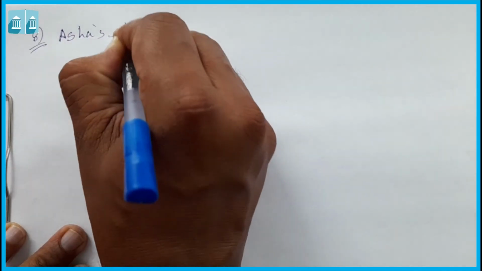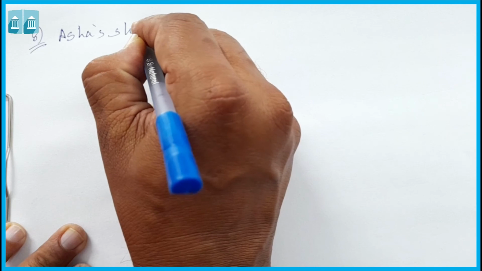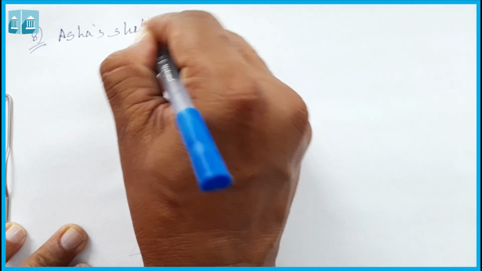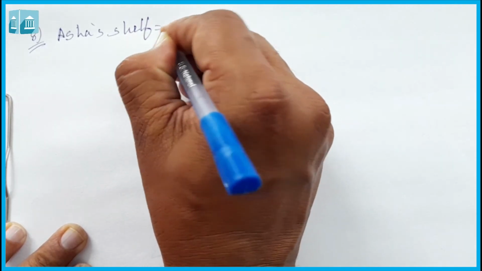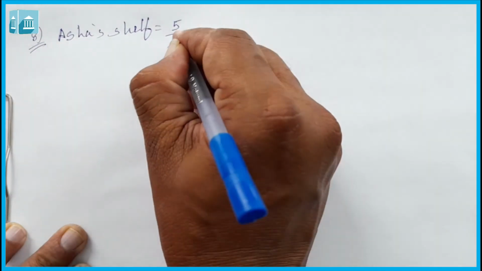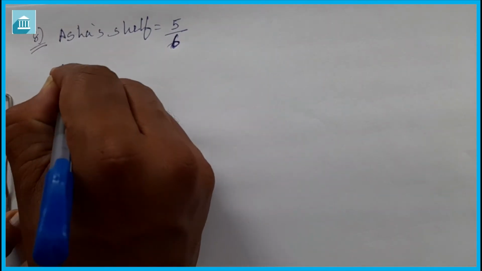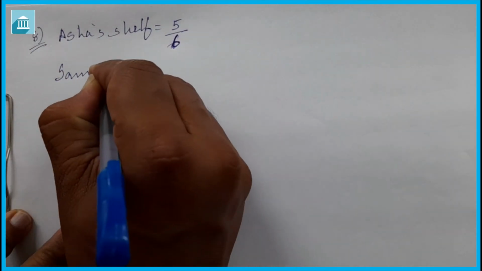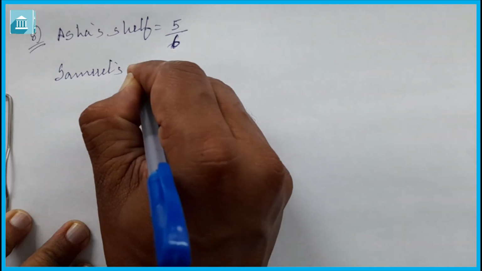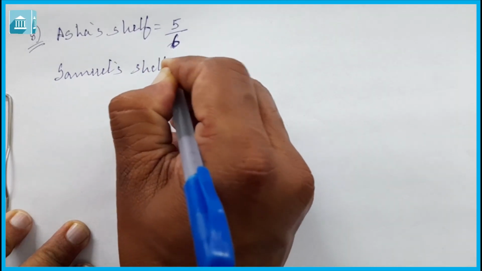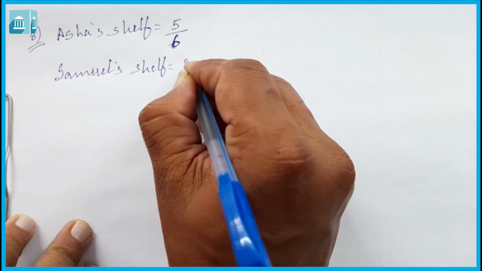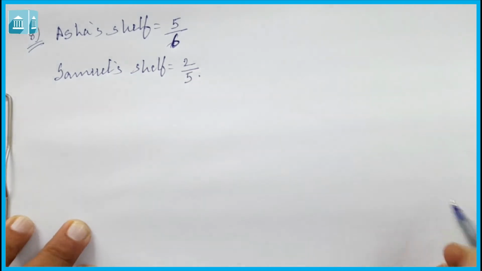So first let us write Asha's shelf is equal to 5 by 6. Then Samuel's shelf is 2 by 5.